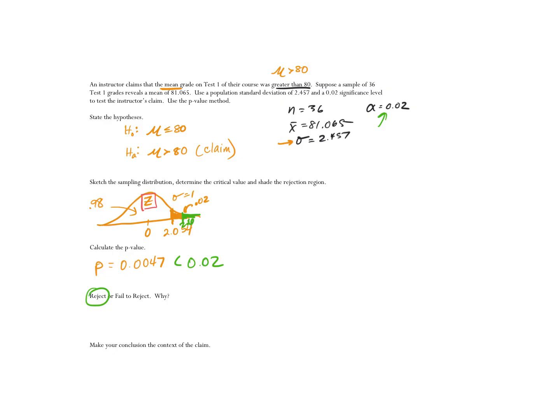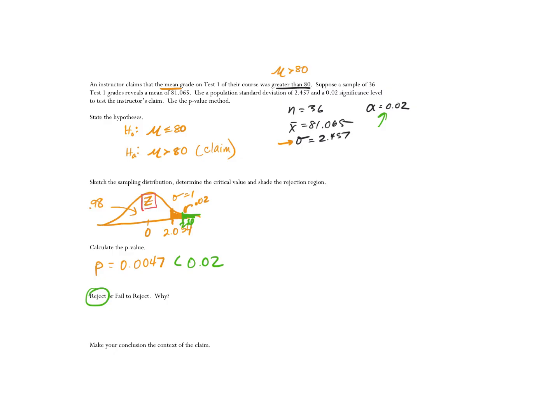So the basic logic here is, if the actual mean was 80, the probability we could get that sample mean is 0.47%. Is less than 1%, yeah? So that tells us that the underlying assumption of that null hypothesis is a pretty crummy assumption, okay?